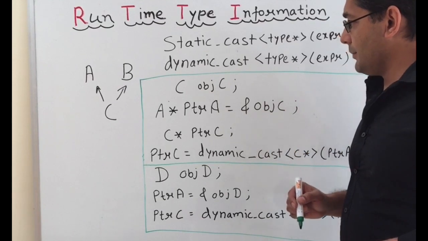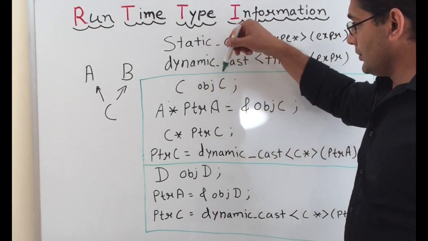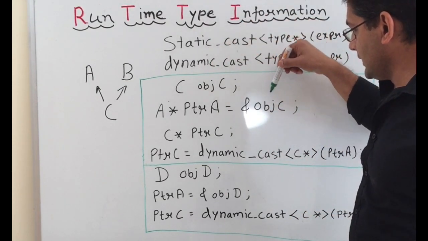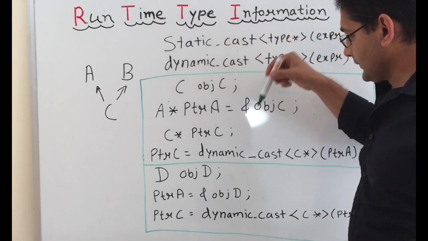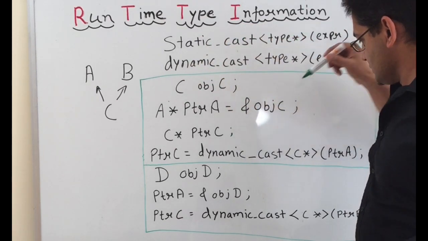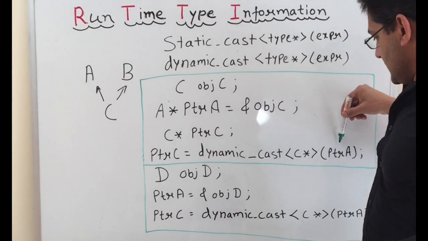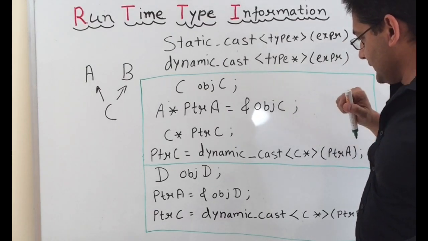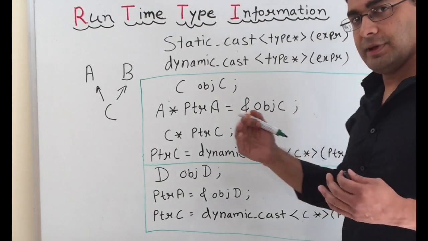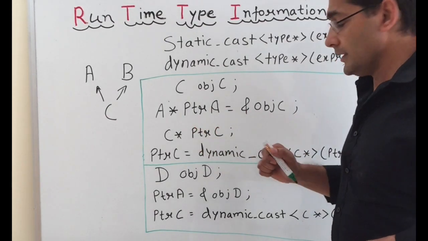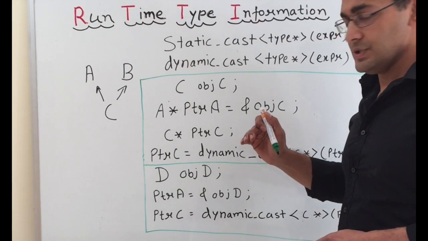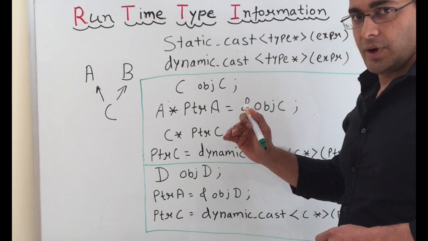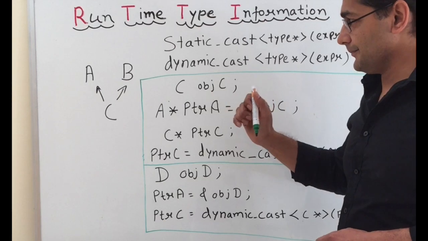Let's have a look at an example of downcasting. We create an object of class C and assign the address of object C to the base class pointer. Now I use dynamic cast to convert the base class pointer into a derived class pointer. As you can recall from my previous screen, the RTTI structure has a basis data structure which keeps track of all the base classes in it.